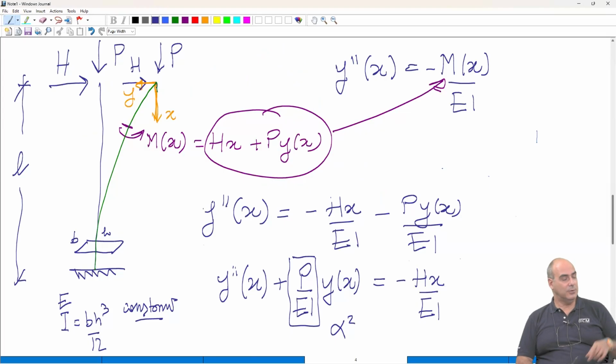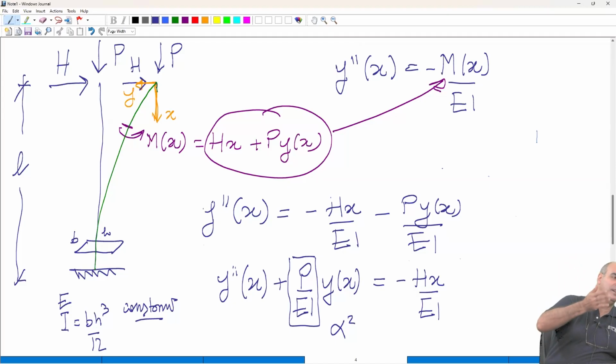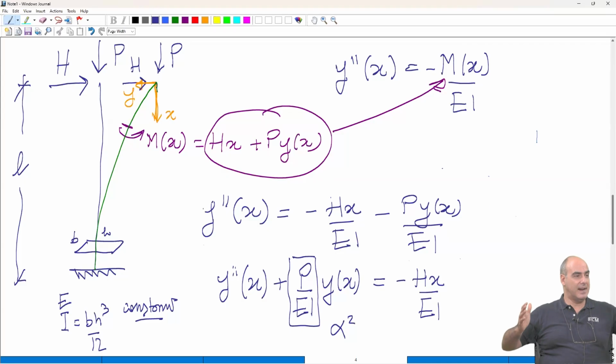At x equal, just at the bottom, which means x equal to L, what is that? Yeah, the boundaries are x equal to 0 and x equal to L. Okay, but what shall we require?